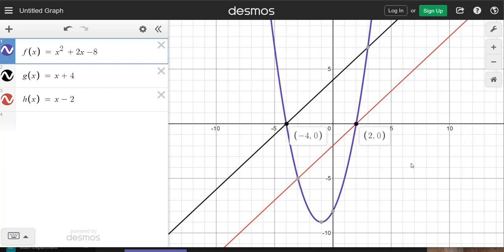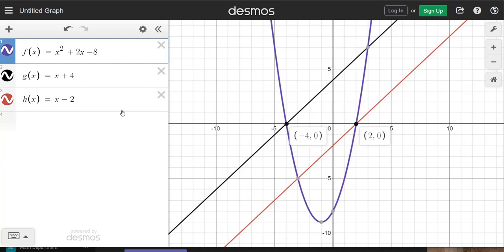So hopefully with this, we can see the connection between the factored form of a quadratic function and the standard form of a quadratic function, and how the factored form gives you the x-intercepts or the zeros. Notice here that in g of x equals x plus 4, where did the line intersect the x-axis?